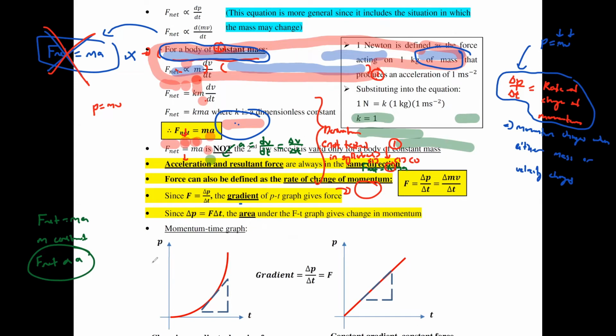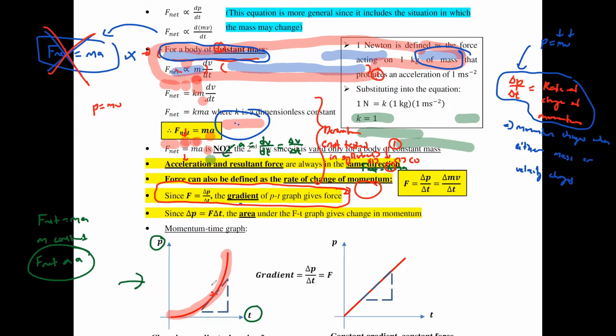This is a momentum-time graph, and the graph varies like this. Based on what we see here, since force is rate of change of momentum, delta p over delta t, if you have a momentum-time graph, the gradient is actually the force.